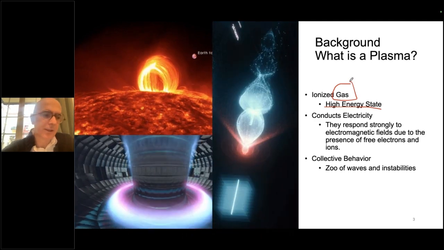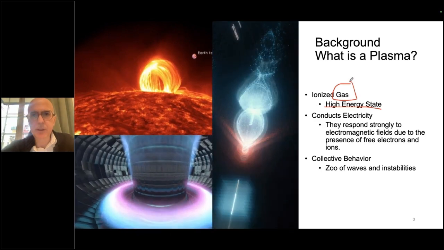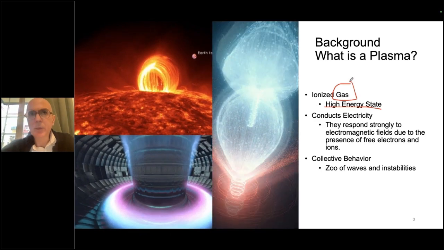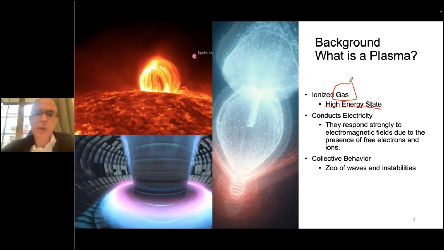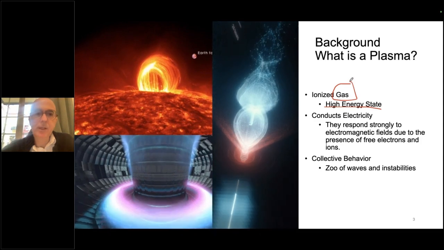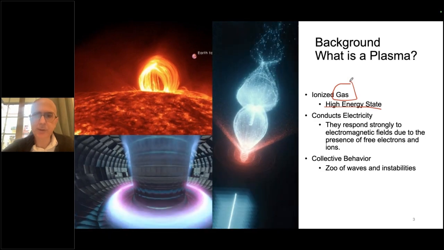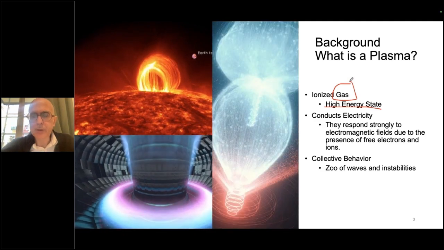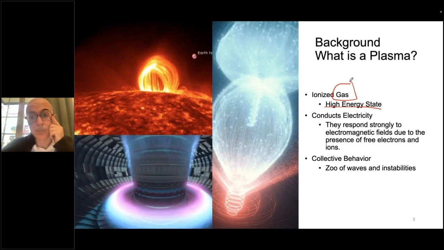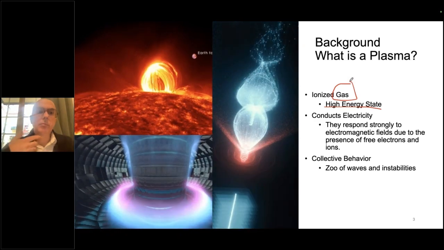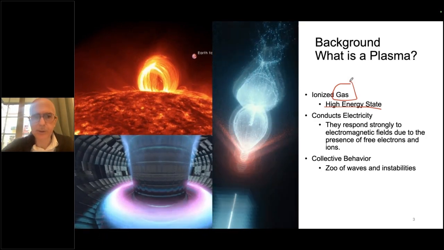What does it mean? It means that the plasma, because of its nature and its coupling with the electromagnetic field, is capable of supporting a wide range of waves that can propagate from local to global, so affecting the whole system, and is also characterized by a large number of instabilities that convert, for instance, magnetic field energy into kinetic energy, and vice versa.